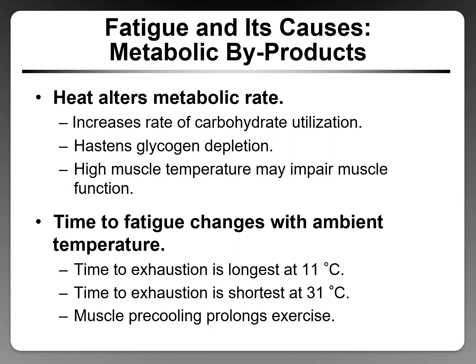If we look at ambient temperature, our time to exhaustion is the longest at around 11 degrees Celsius and the shortest at around 31 degrees Celsius. However, we can trick this a little bit if we do some muscle pre-cooling before we go into this intense heat. That's great for long-term exercise, but if you think about it, if you ice your hamstrings before you go running in the heat, you may pull a hamstring. So that's always been an interesting thought to me.